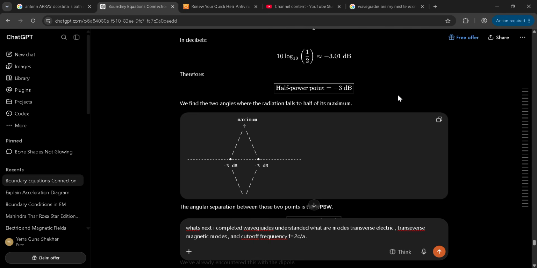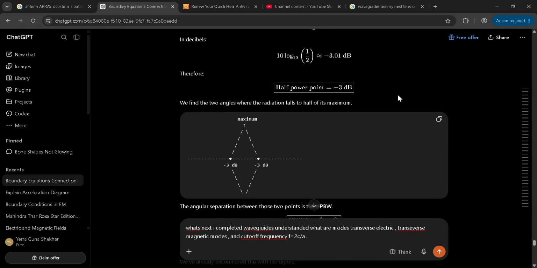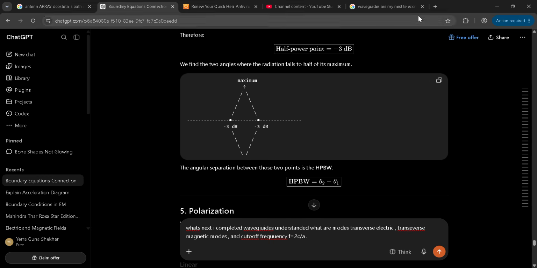So here, minus 3 dB, this is the maximum, and the angular separation between these two points is the half-power beamwidth. It is called HPBW, which is theta 2 minus theta 1.